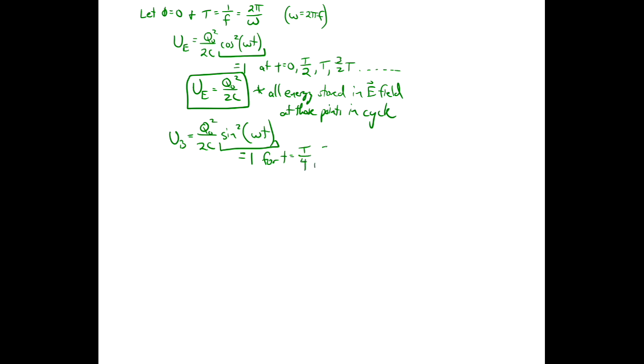And then the next point would be 3/4 of the way through the period. And you get the idea. All of those intermediate points are going to give me a maximum in that particular energy. So UB is equal to Q naught squared over 2C, the exact same equation for these other points when all the energy is stored in the magnetic field.